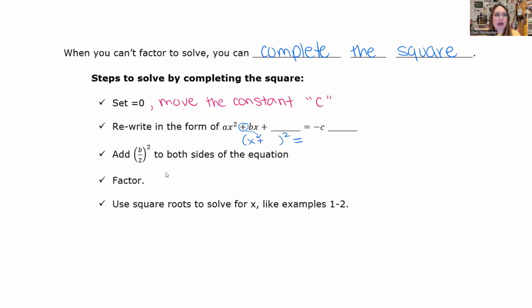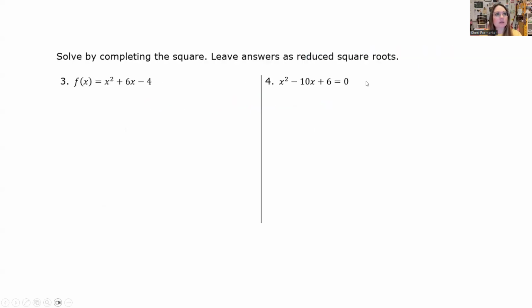Then we're going to factor, which is actually this part right here. And then we're going to use square roots like questions 1 and 2 to solve. So let's do this. The first problem is not set equal to 0. It needs to be set equal to 0 so that we can solve. So first step, I'm going to set it equal to 0 and move that constant, so I'm going to add 4 to the other side.